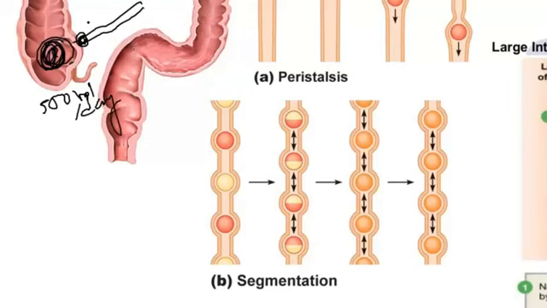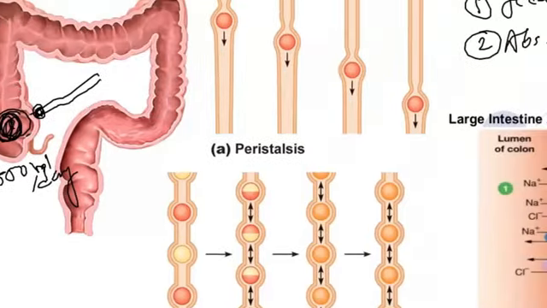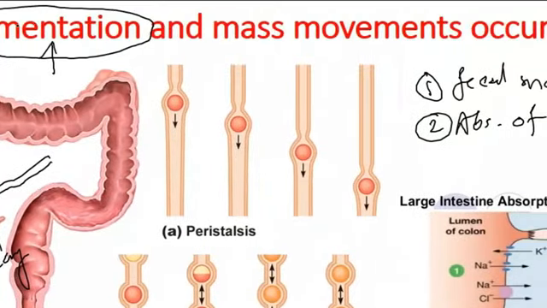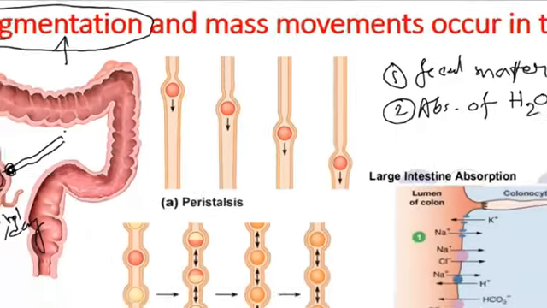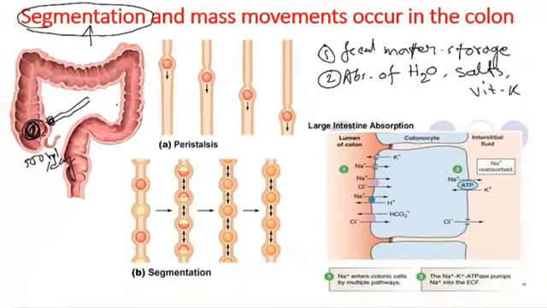Here we require a process called segmentation. Segmentation is a structural separation. It's not a full separation but a partial separation to form partial compartments in the large intestine. The pouches formed by this partial segmentation are known as haustra.